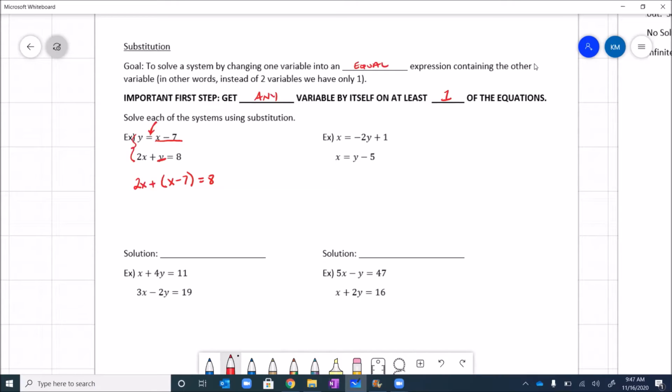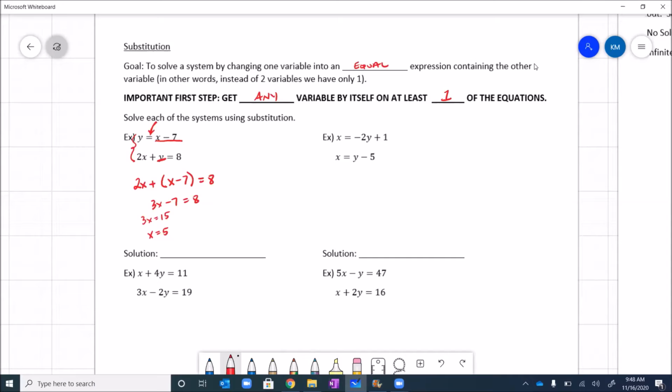As we have this equation, there's only one variable in it, written multiple times, but it's just x. So now we can say, okay, 2x plus x, that's 3x, minus 7 equals 8. Add 7 to both sides, 3x equals 15, divide by 3, x equals 5. I've now found my value for x.